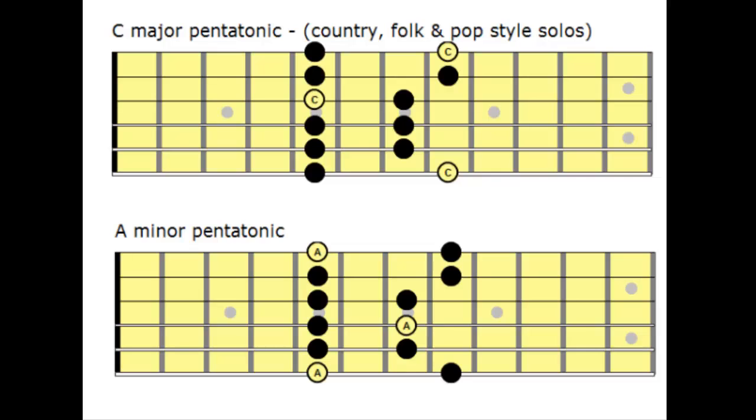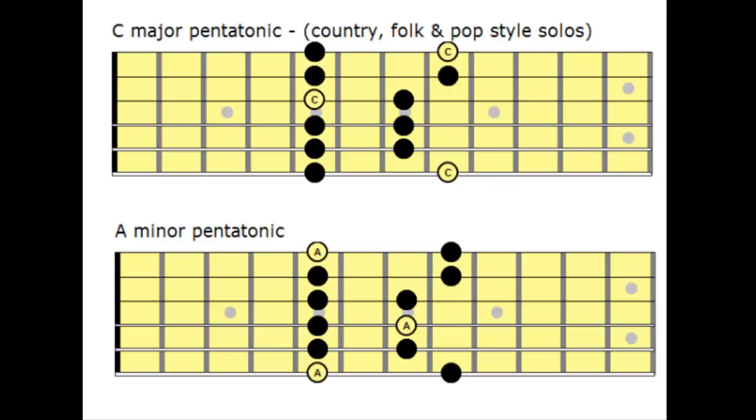Because this is our basic introduction to lead guitar work, I'm going to keep things very simple and very general at this point. So for the purpose of this video, I'm going to say that major pentatonic scales are best suited to country, folk, pop, easy listening jazz, middle of the road, anything that's quite light.